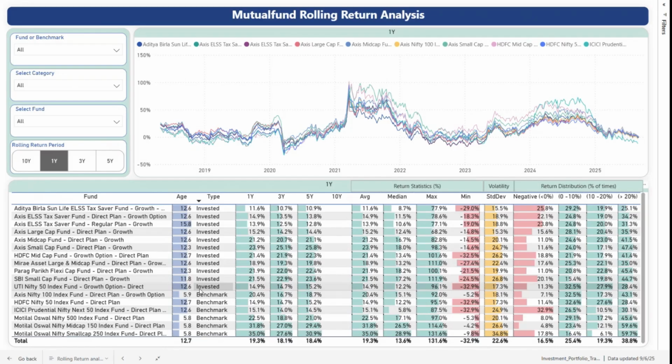I want to understand whether my Axis Midcap Fund, which I have invested in for the past 5, 6 years, is not able to beat the 150 index fund. But that is for my SIP date or my lump sum date; how did it perform for other investment dates, right? That is where the rolling return will tell you.